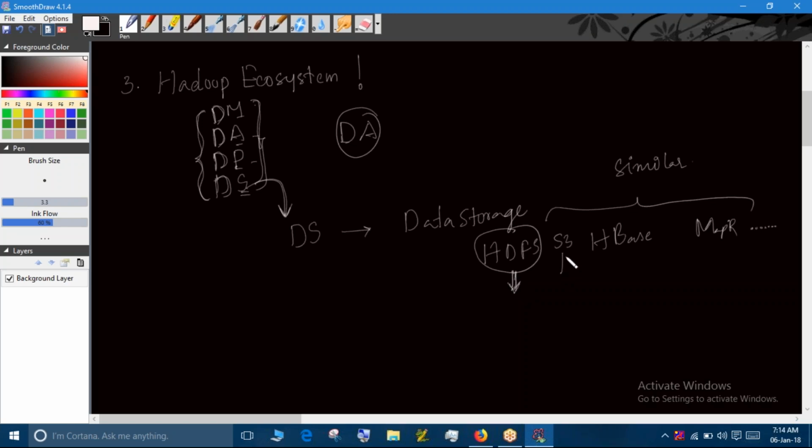Even if you go to S3, which is actually from Amazon, they call it Simple Storage Service. And this is called the Hadoop database, HBase, again an open source project at Apache, which is a structured store for HDFS.